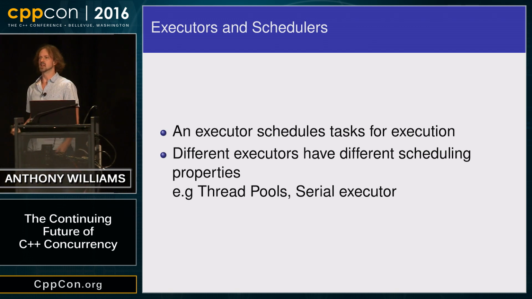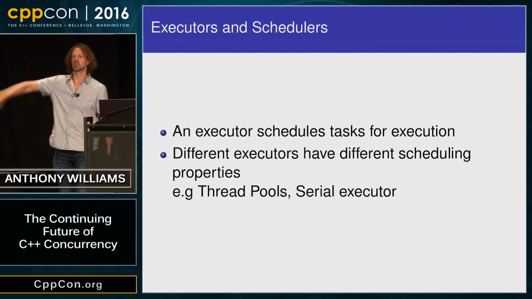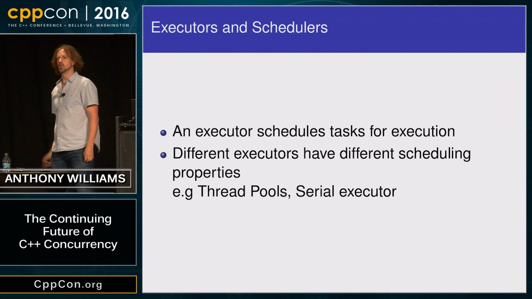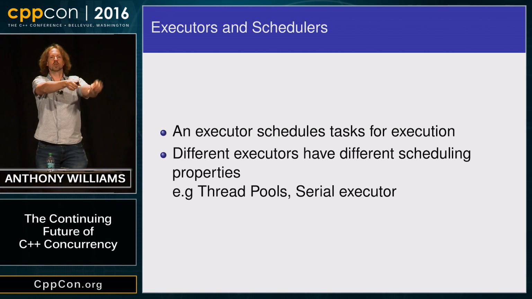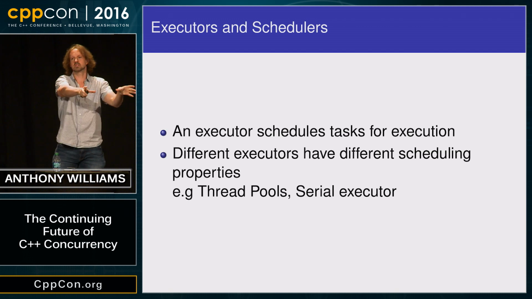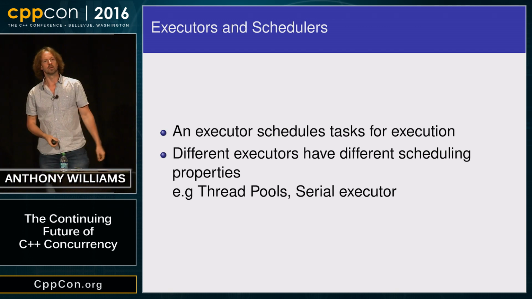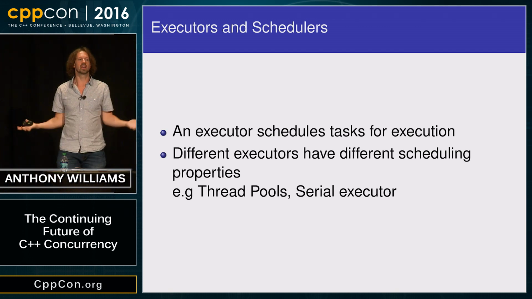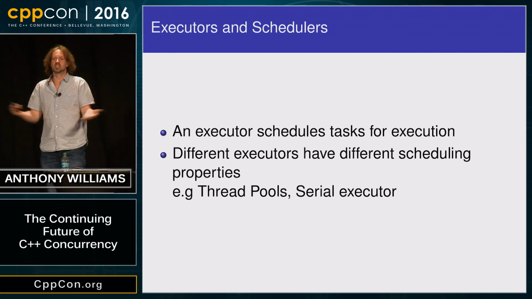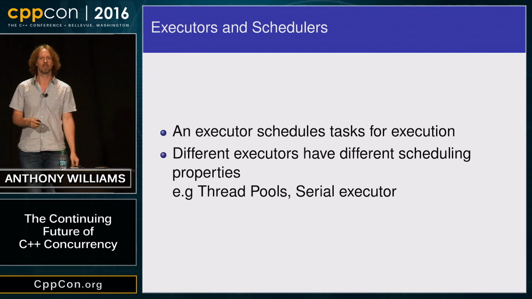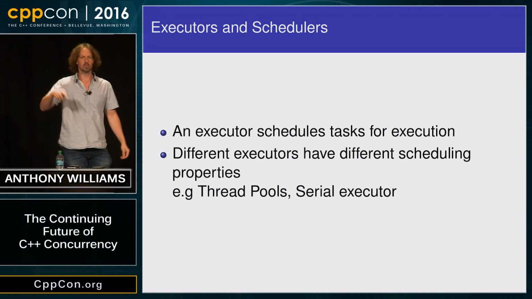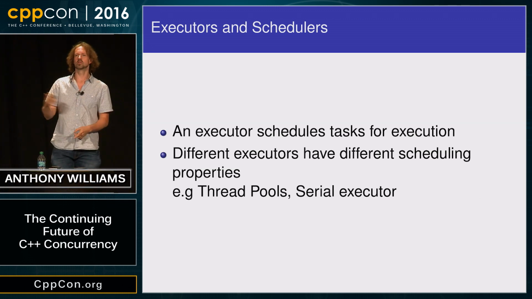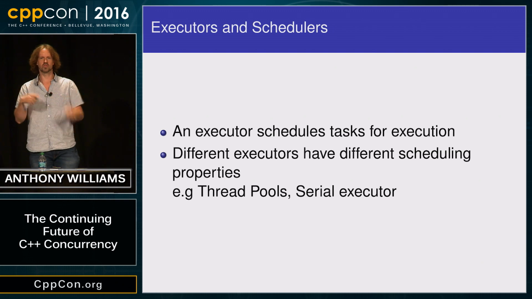So you can say, here's a bunch of stuff, go run it on the GPU. Or NUMA executors, so here's a bunch of stuff, go run it over on that particular node that has best access to this chunk of memory. So we're working on an interface that's going to work for all of these. I think there's a talk running at the moment that's talking more about that, so if you're interested, go and watch the video afterwards.